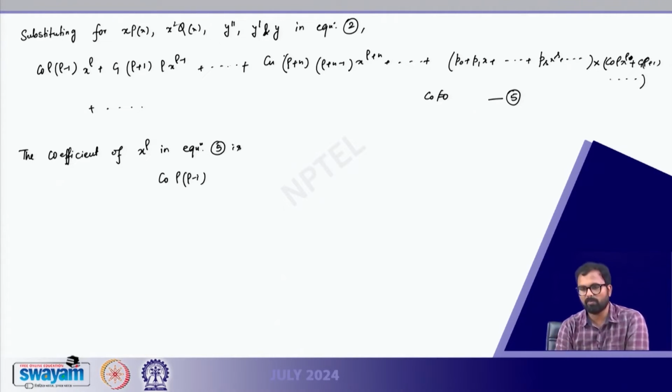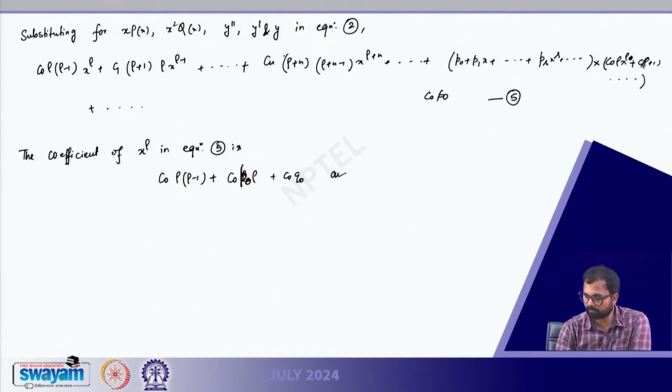You have to just believe me that this calculation should be correct. So, C0 rho into rho minus 1 plus P0 into rho, and plus C0 Q0, right.